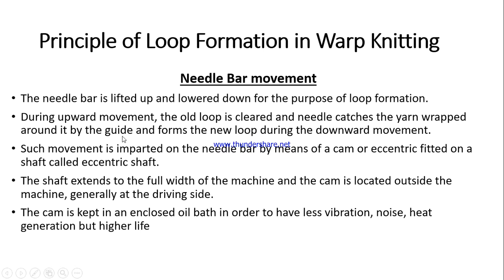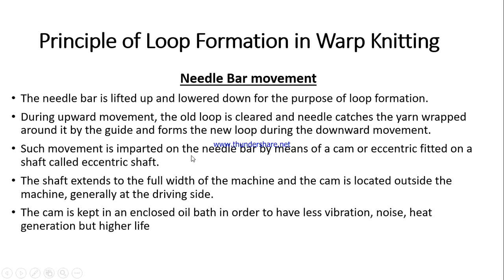The function of the guide is the wrapping or lapping of the yarn over the hook of the needle, and it forms the new loop during the downward movement. The needle catches the new thread wrapped by the guide and draws the thread downward for the formation of the new loop.